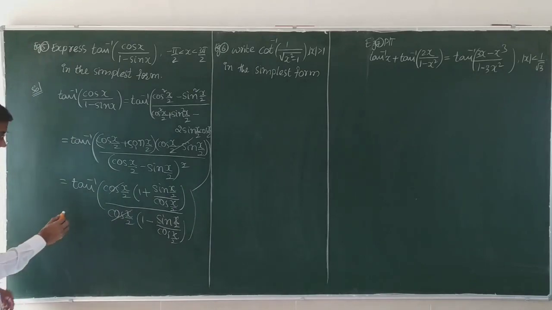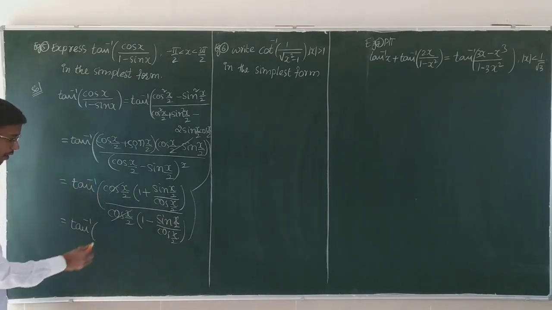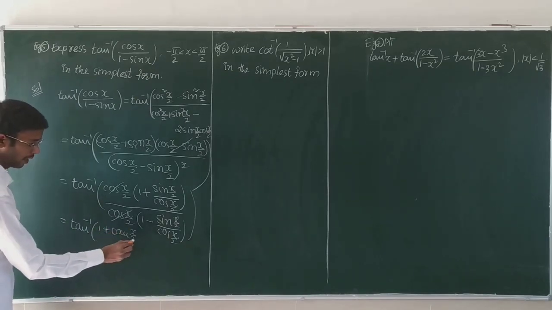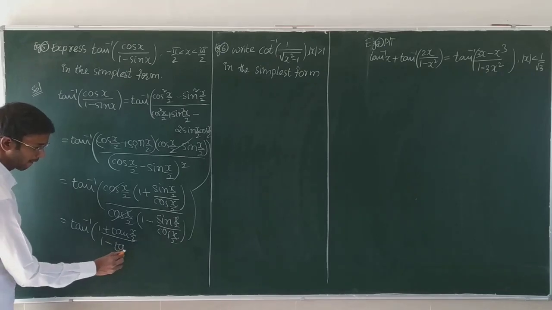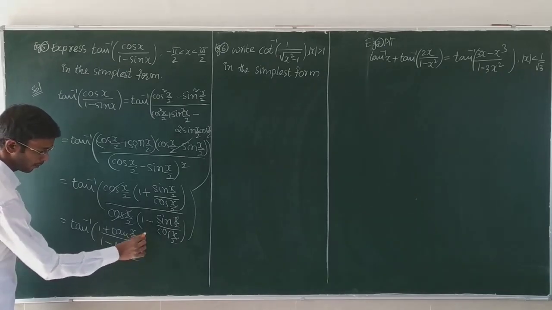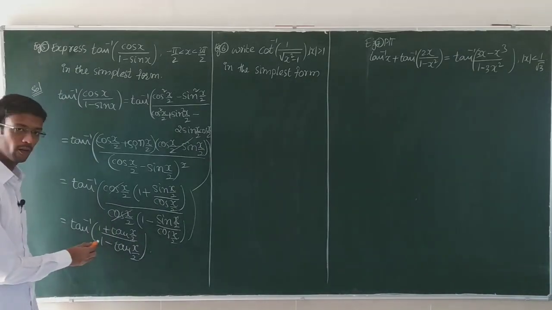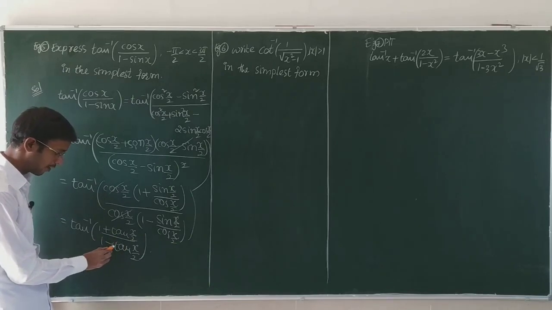And this one cancels, which is equal to tan inverse of 1 plus tan x by 2 by 1 minus tan x by 2. So 1 plus tan x by 2, I can write here 1 into.